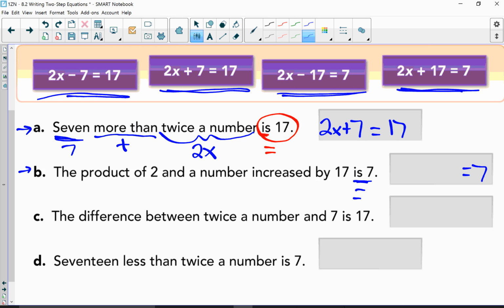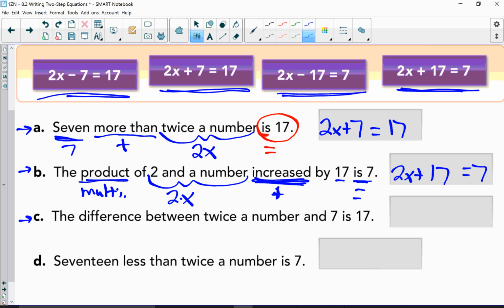The product of 2 and a number, product meaning multiply, so we're going to be multiplying 2 times some number, 2x, let's say, increased by 17. Increased probably means plus here. I mean, we don't increase by subtracting stuff. So we're going to be doing 2x plus 17 equals 7.